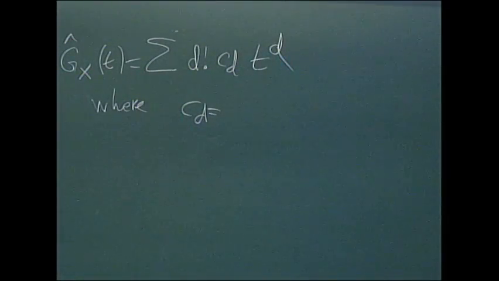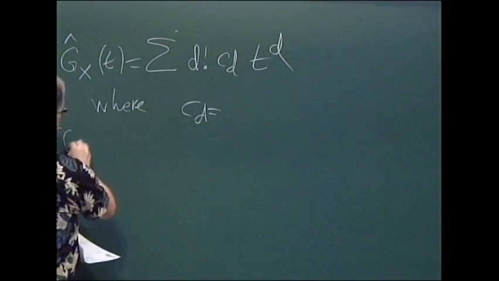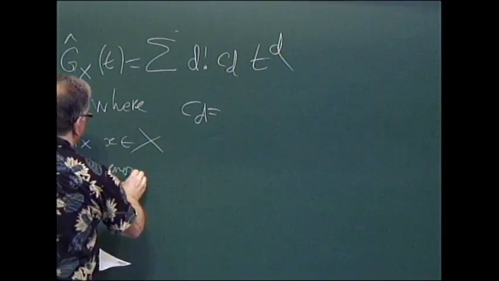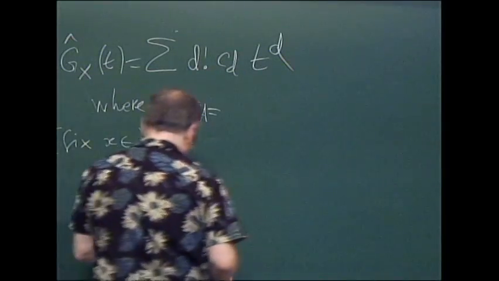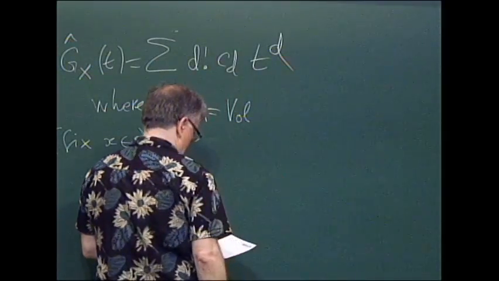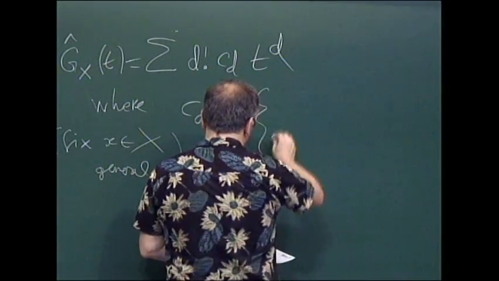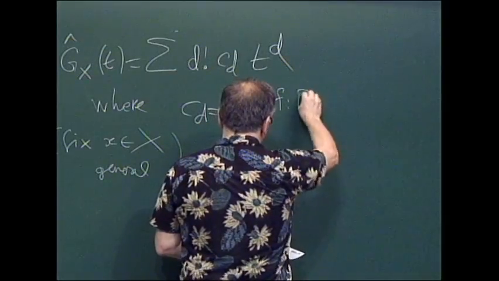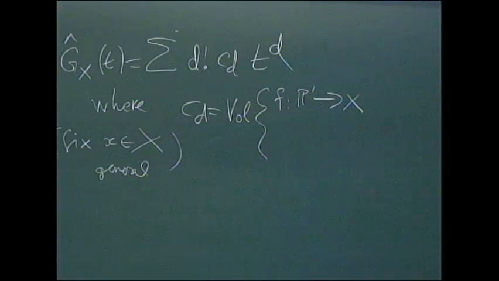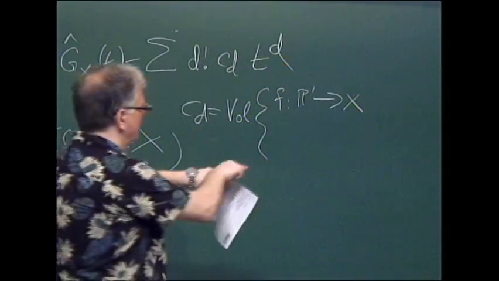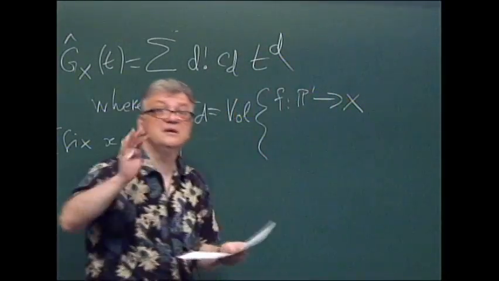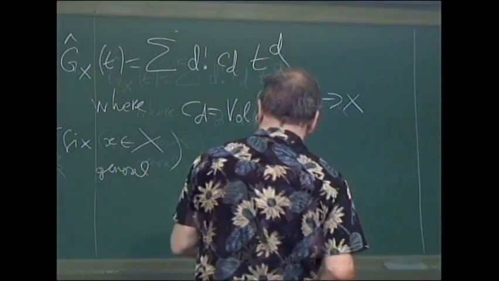so by the way, let me first fix a general point in X. So for me, C sub D then is the volume of the space of morphisms f from P1 to X. I should really say nodal curve of genus 0, but let me be somewhat imprecise here.